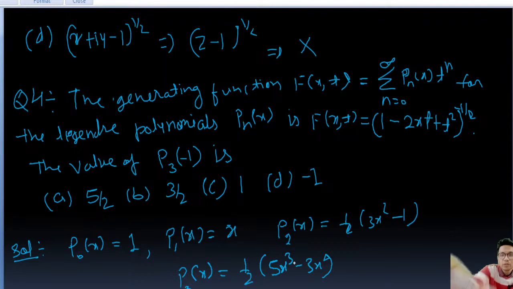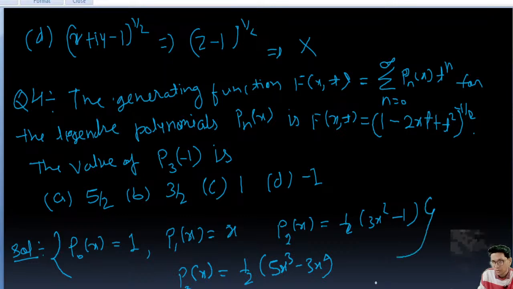So these four you need to memorize: P0(x) equal to 1, P1(x) is x, P2(x) equal to 1 by 2 (3x square minus 1), and P3(x) equal to 1 by 2 into (5x cube minus 3x), right?